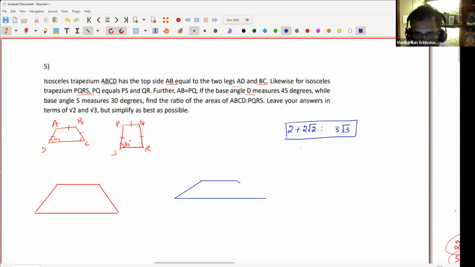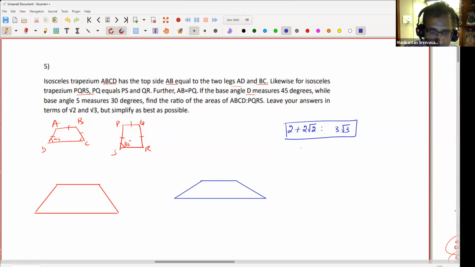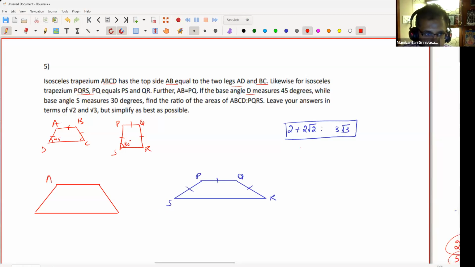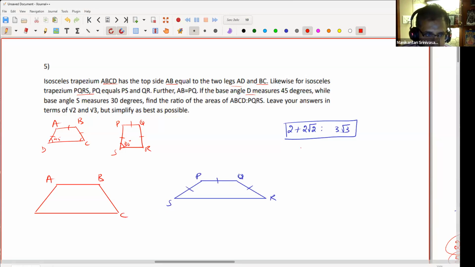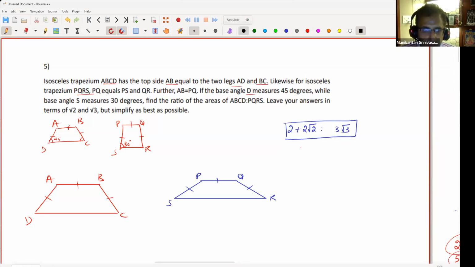Okay, so this is PQRS. Now, all of these side lengths are given to be equal. This is equal to this, equal to this. Similarly, in ABCD, this is given to be equal to this, equal to this. And further, AB and PQ are also given to be equal. So let's call all of these quantities X. So this is X, X, X, X, X, X.